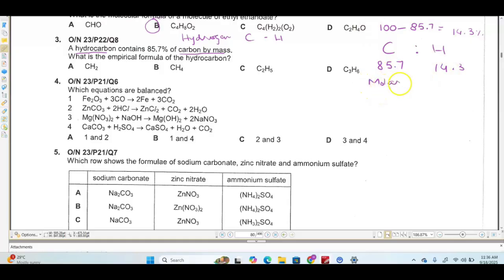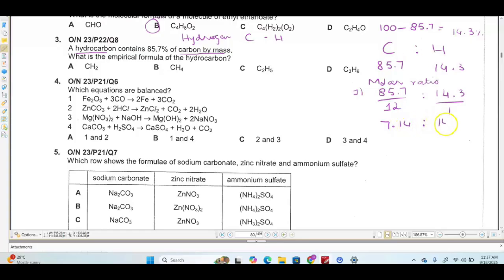We divide the percentage mass of carbon by its MR number. Okay? So the first step over here is dividing these masses with MRs. So MR for carbon is 12 and MR for hydrogen is 1. So after we've divided 85.7, which was the percentage mass of carbon, with its MR number, we get an answer of 7.14.